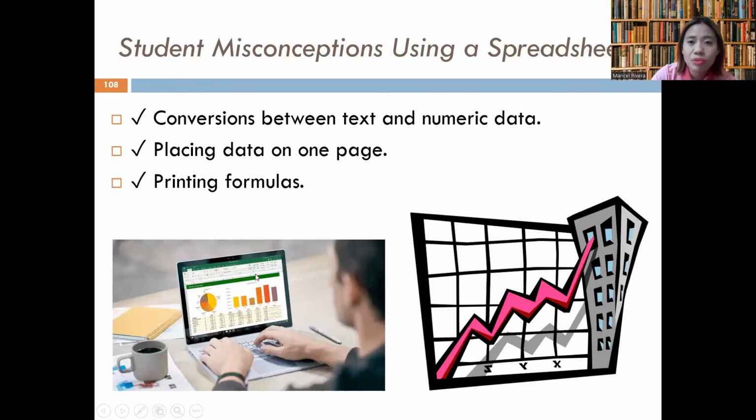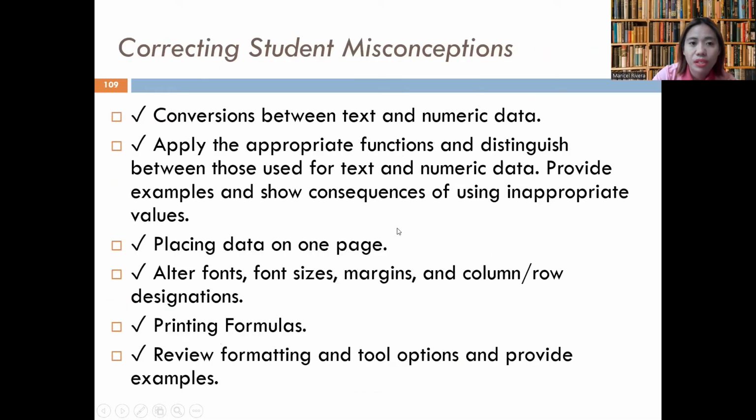So conversions between text and numeric data, placing data on one page, and when you print formulas. For conversions between text and numeric data, you have to apply the appropriate functions and distinguish between those used for text and numeric data. So you provide examples and show consequences of using inappropriate values.